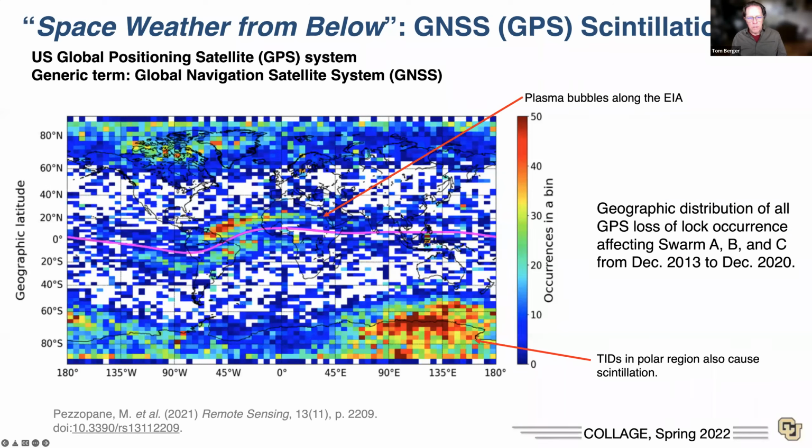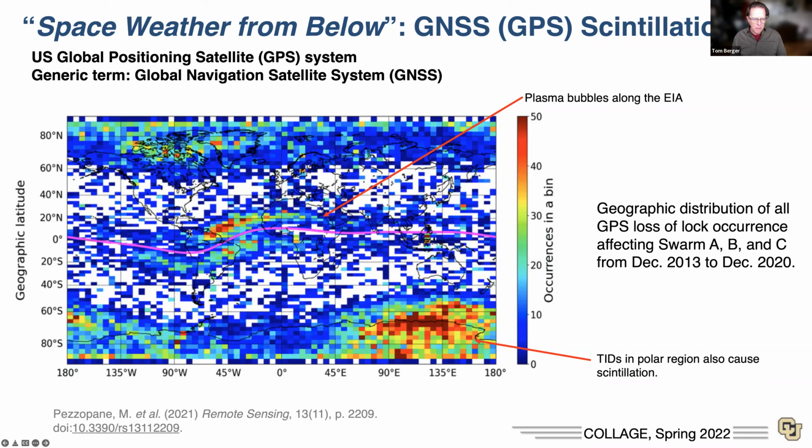This, for instance, is an illustration of where the Swarm satellite, which is orbiting in low Earth orbit, loses lock on GPS occasionally. This is a heat map of the occurrences over a period of time in which that satellite was not able to lock onto GPS at all.